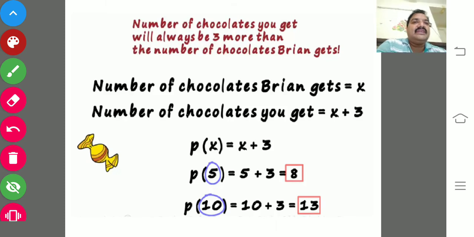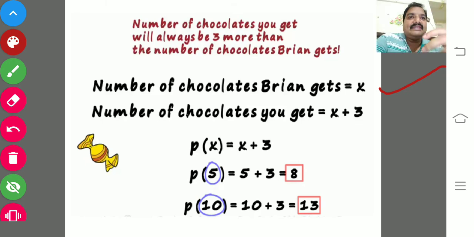Yes. Here the number of chocolates Brian gets, we don't know, so let it be x. Number of chocolates you get will be 3 more than Brian gets. Once again, the question: the number of chocolates you get will always be 3 more than the number of chocolates Brian gets. So what is the meaning? If Brian has 3 chocolates, automatically you will get 3 more than what Brian had.